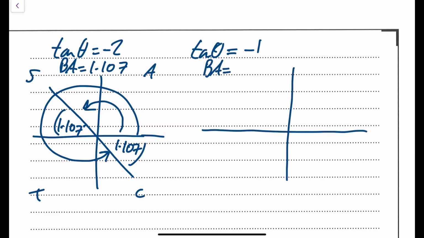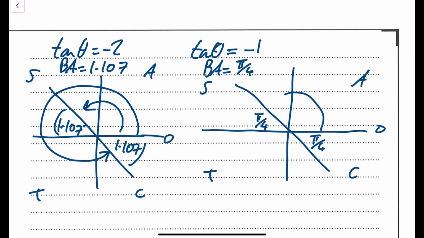Basic angle then, calculate in radians mode, it's pi over 4. And again, C, A, S, and T. So there's my 0, sorry, I should have marked that in the first one. And it was pi over 4 and pi over 4. So round to here is pi over 4 shy of being 1 pi, and here is pi over 4 shy of being 2 pi.